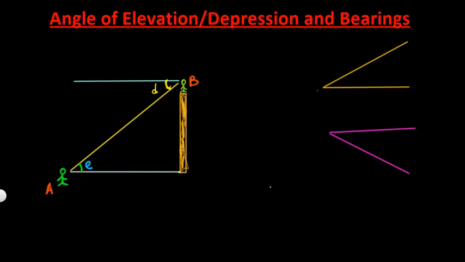Let's say, for example, in this case, we have an observer here and we have an object here. The same thing here: we have an observer and we have an object. In the first case, the observer maintains the horizontal ground in this manner. Should he look at this object, he will be looking at it at an angle of elevation.